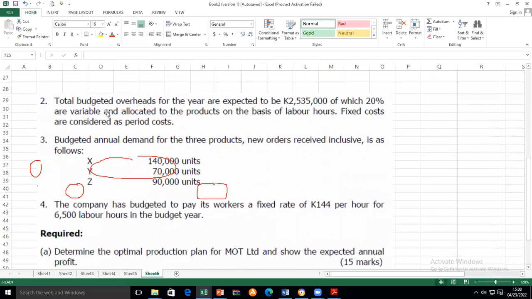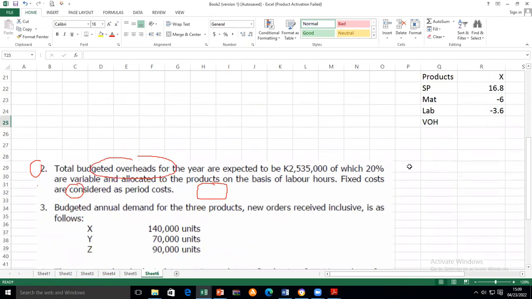They say total budgeted overhead is 2,535, of which 20% are variable and allocated to the products on the basis of labor hours. So 20% of this. So let's work out.